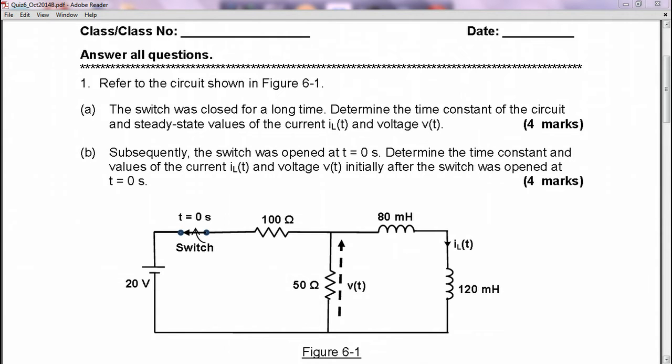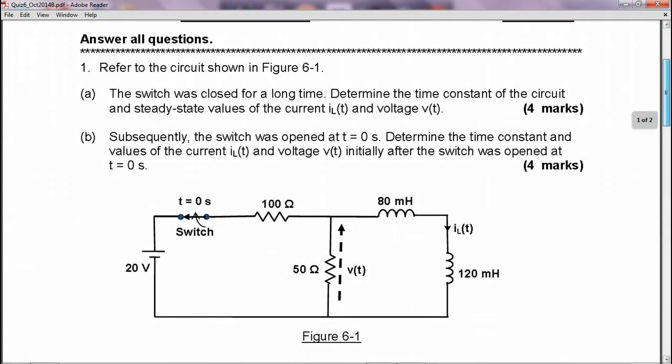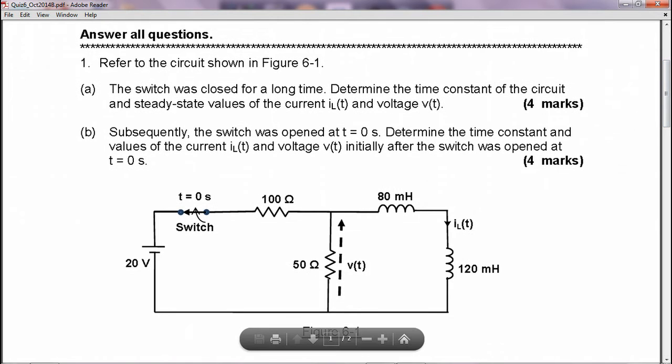Now question 1 refers to figure 6.1. It wants us to calculate the time constant of the circuit when the switch is closed and the steady state values of IL and VL.